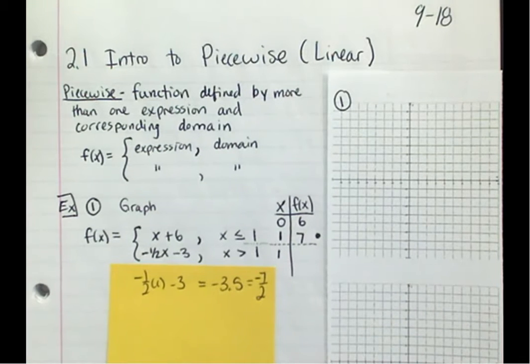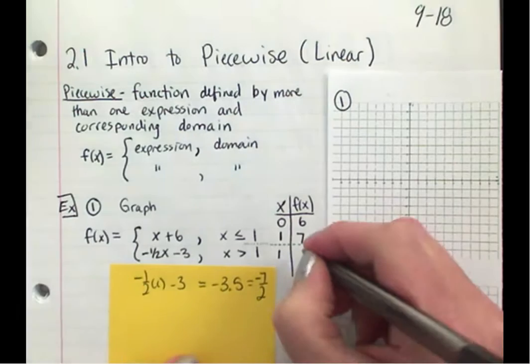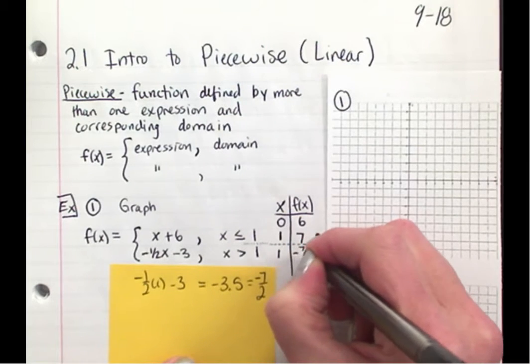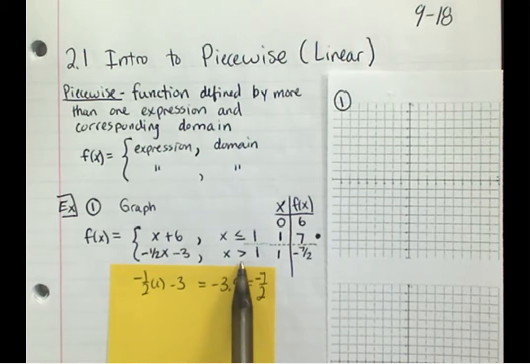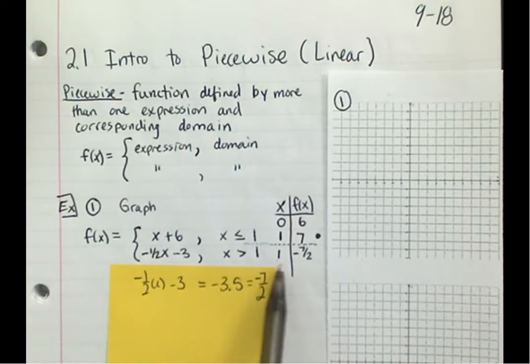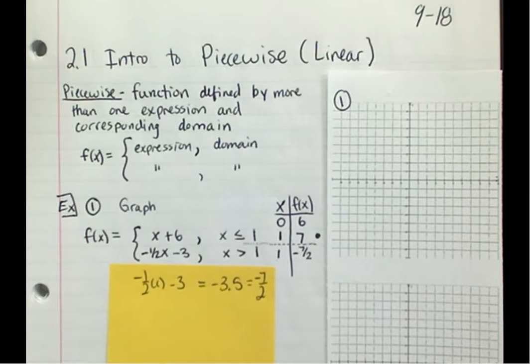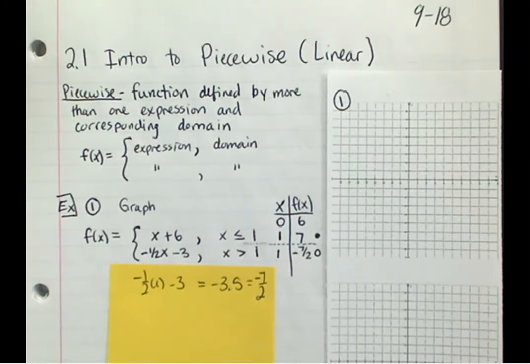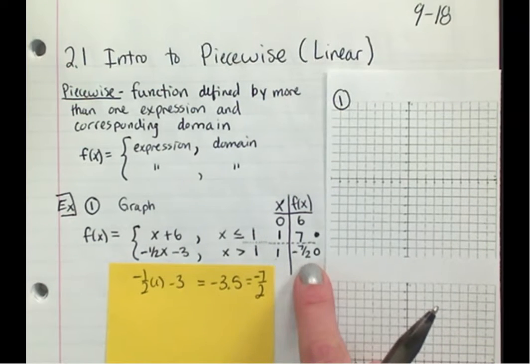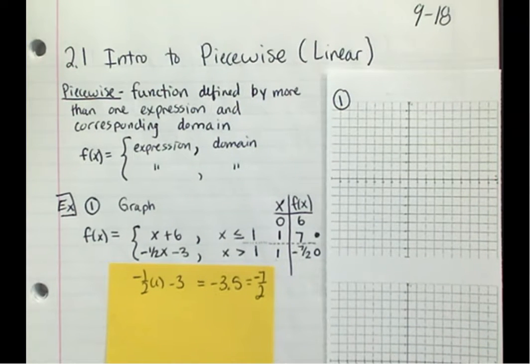Okay, decimal or fraction doesn't actually matter as long as you're not rounding your numbers. So minus 3.5. But I'm looking at it, and the corresponding domain says that 1 is not included. How do you say something is not included on a graph? Yes, open dot. That endpoint will be open. I still need to know where it is, but it's going to be open.